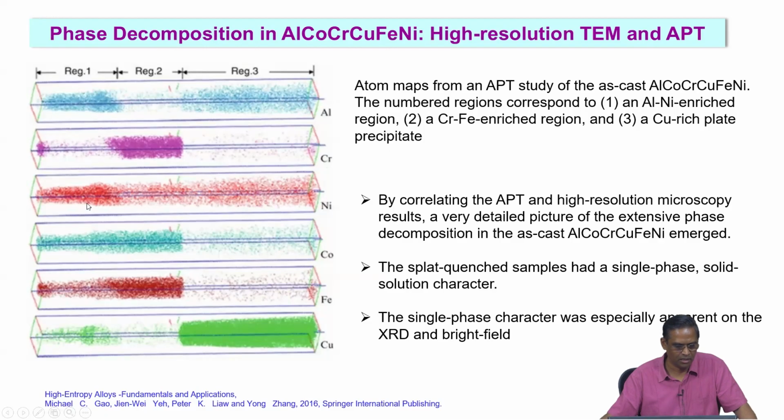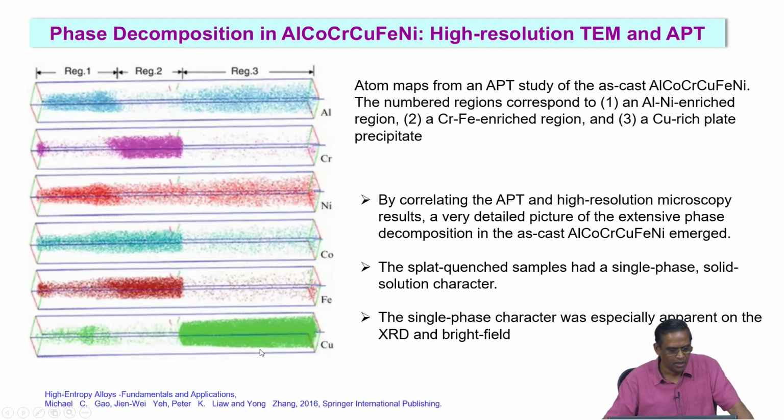You can see that aluminum nickel regions are shown here, and region 2 is chromium iron rich. You can see this violet region, and iron is rich here. So, these two are rich in region 2, and you have a copper rich plate precipitate in region 3. So, you have copper completely dominating in this region 3.